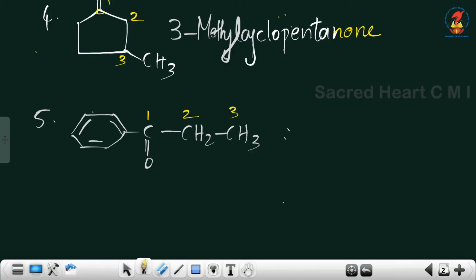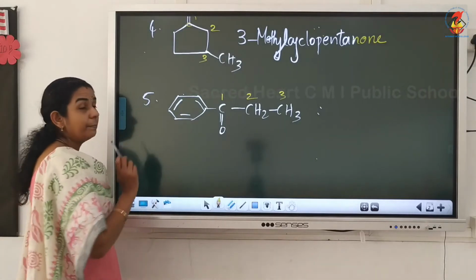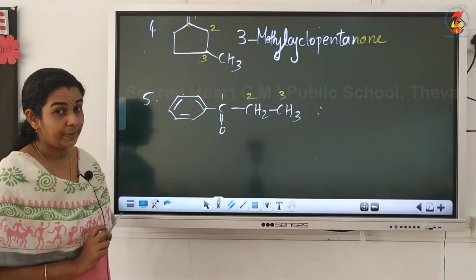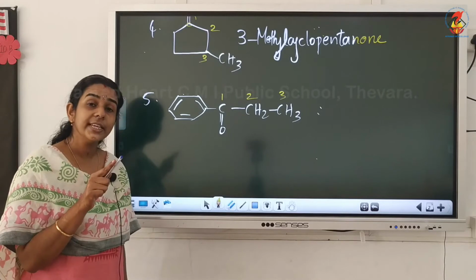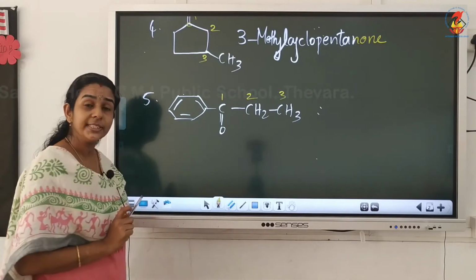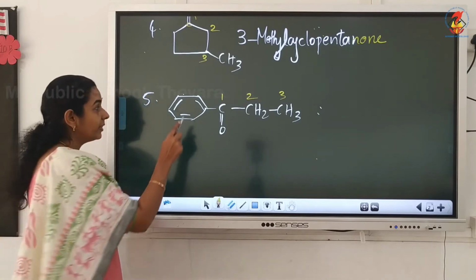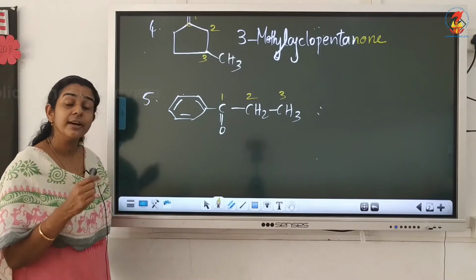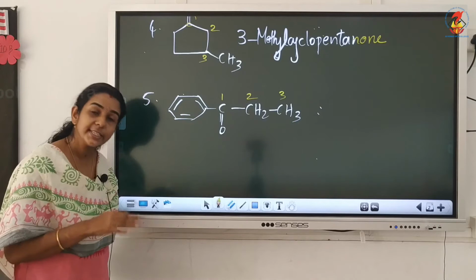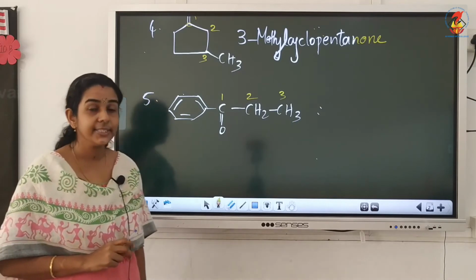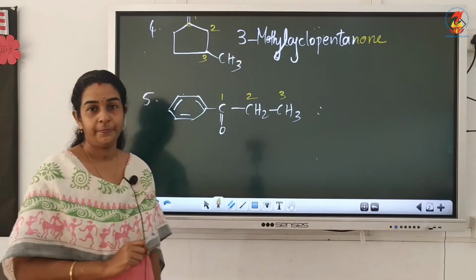So 1, 2, 3. Now we know that here benzene is not included as the parent. When this ring comes as the parent, it will be called benzene, and when the benzene ring comes as a branch or as a substituent, it will be called a phenyl group.